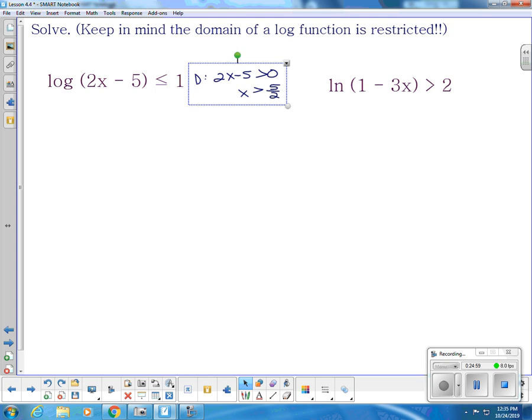Because inequalities are going to give me an interval. With these, you have to take the base, whatever base it is, and raise it to both sides. I know this is going to be weird.